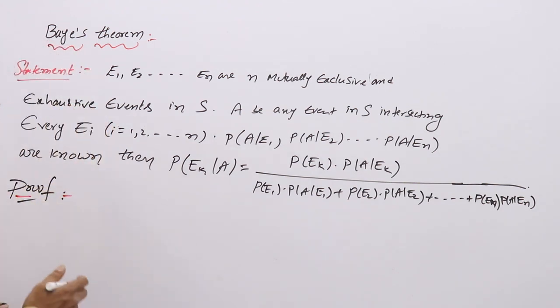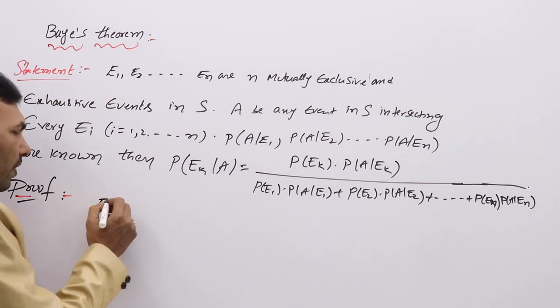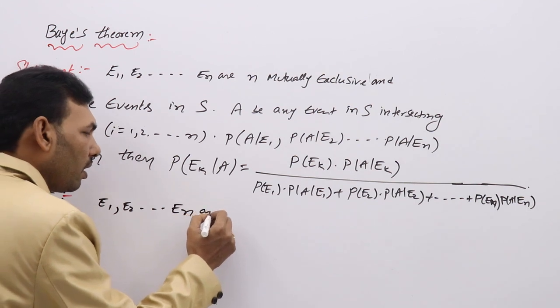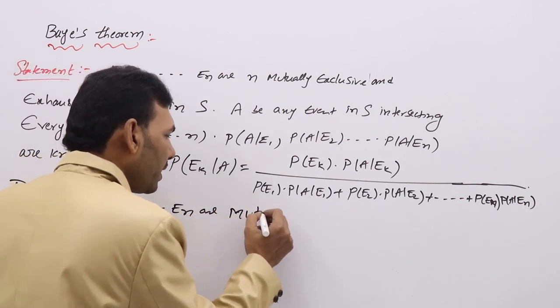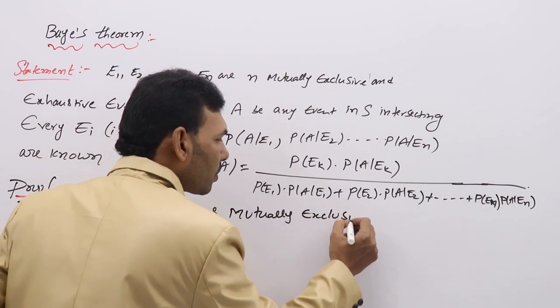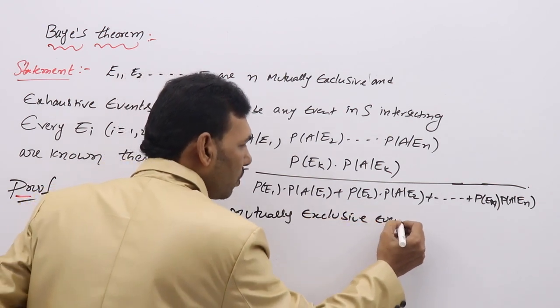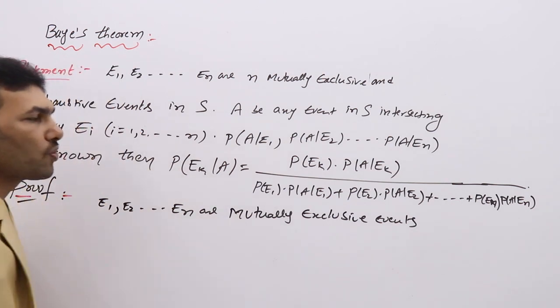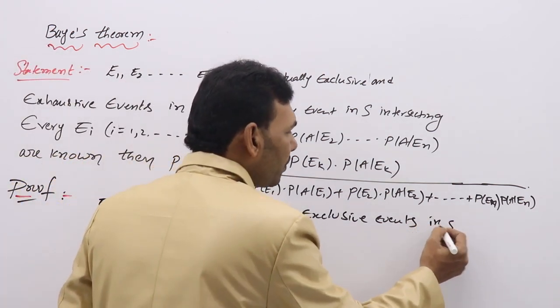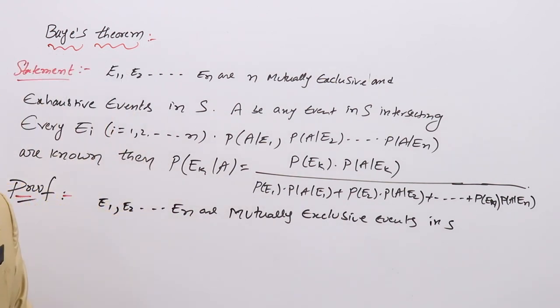So what is actually given here? E1, E2, so on, En are mutually exclusive events. We all know when A, B are mutually exclusive, then A intersection B equal to phi.